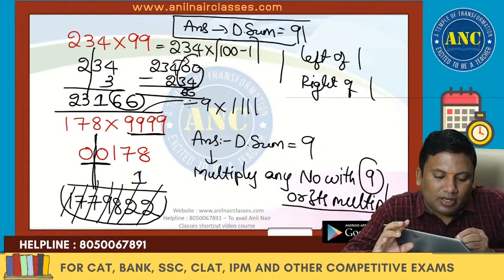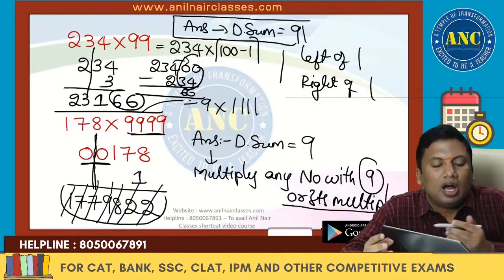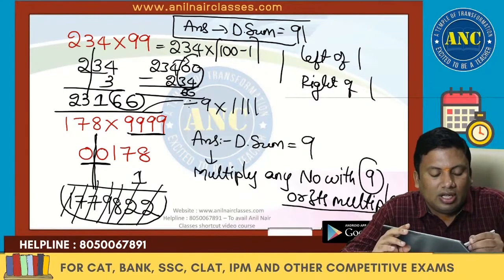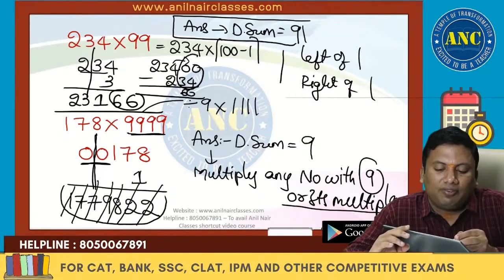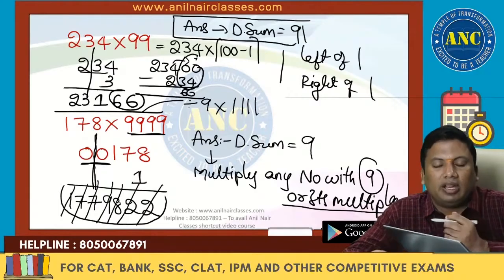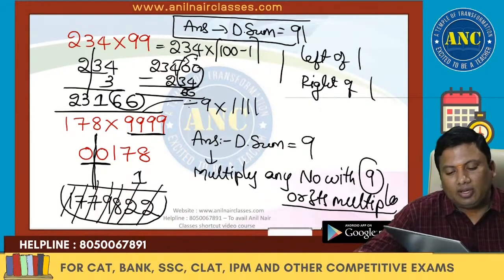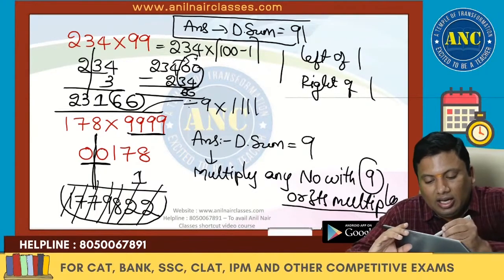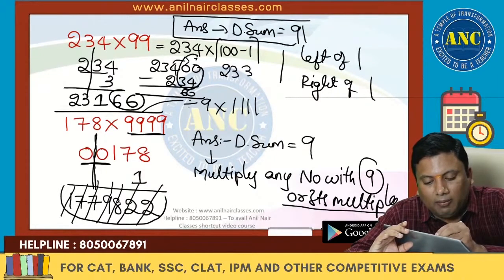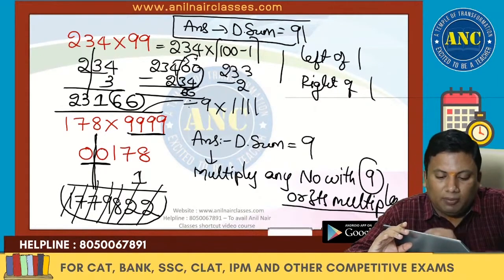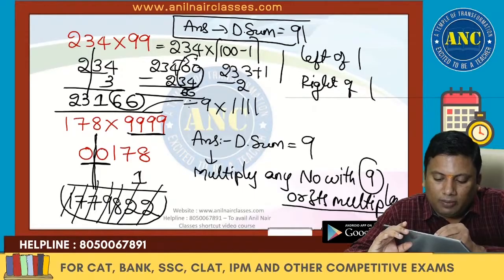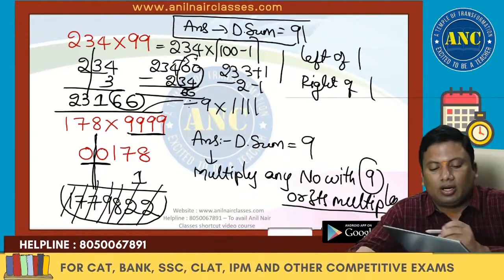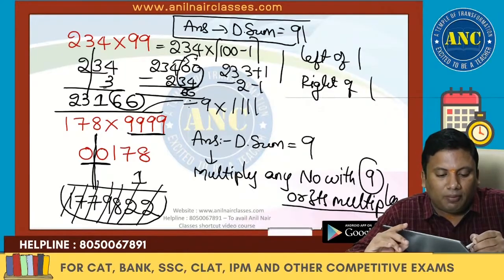This is nothing but 233 minus 2, or it is also nothing but 234 minus 3. From 4, 1 gone. That can be given to 2. I hope it is clear. It will become 233 minus 2. This is nothing but plus 1 and minus 1. So it is 234 minus 3.